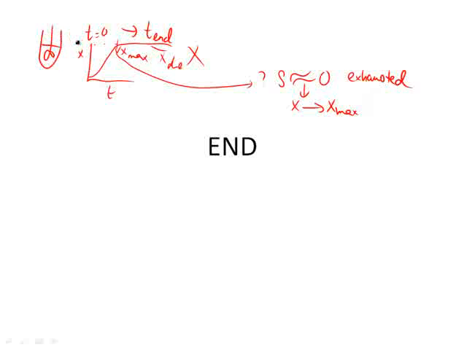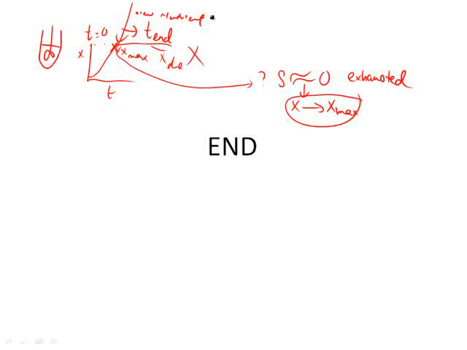This is your batch. So go back to your next slide. That is your X maximum. That is the point. If you don't feed in new nutrients, it will enter stationary and it will start to die for the next few hours. So you are not satisfied, you are not going to let it die.